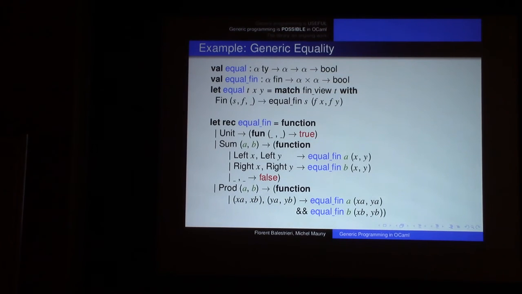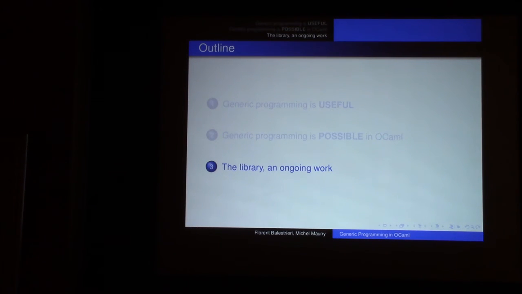So here is how it works over the finite type view. And this is all we need, and now we can use equal for all the types that are in the finite type universe.